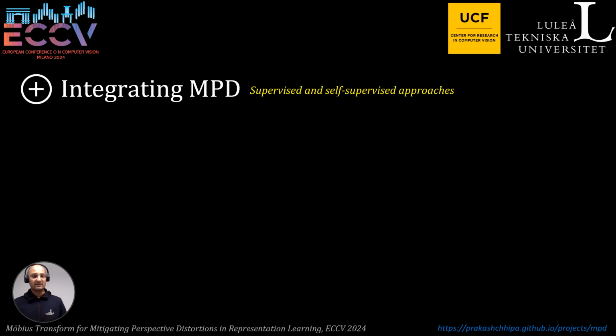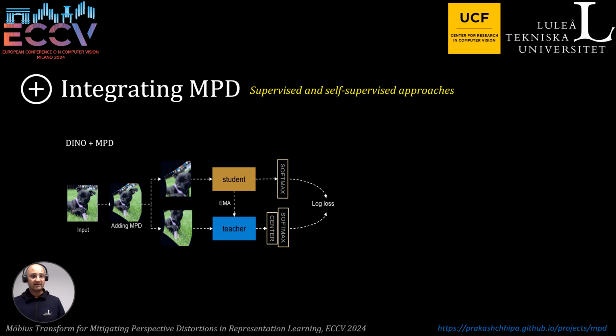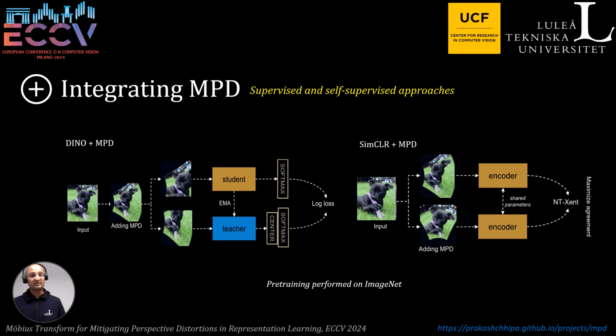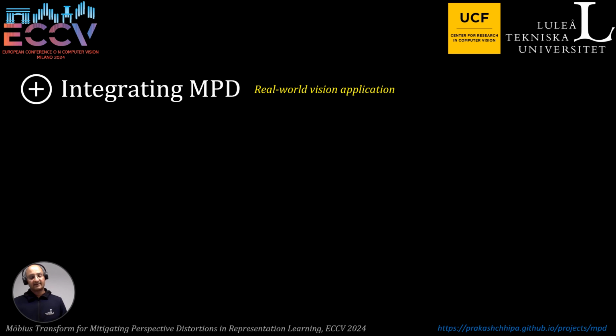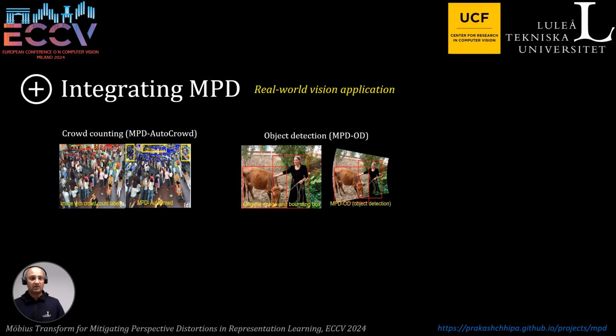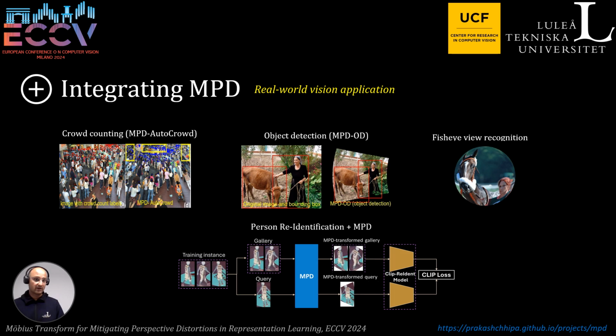Once we achieved this mitigating perspective distortion method, we integrated it in supervised and self-supervised methods like DINO and SimCLR, and performed standard training using the ImageNet dataset. Besides doing this representation learning in supervised and self-supervised settings, we also explore several real-world applications like crowd counting, object detection, fisheye view recognition, and person re-identification.